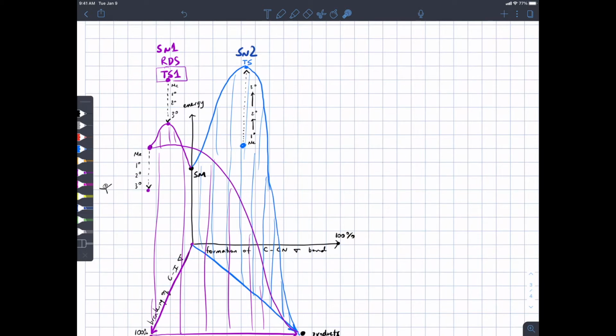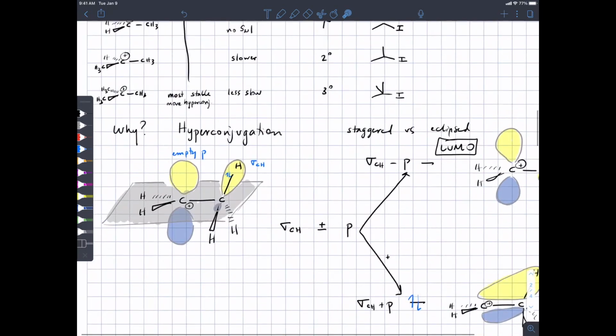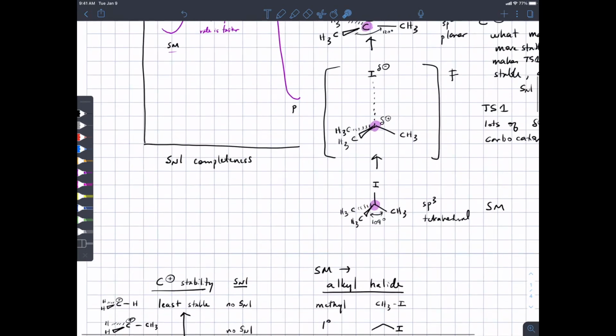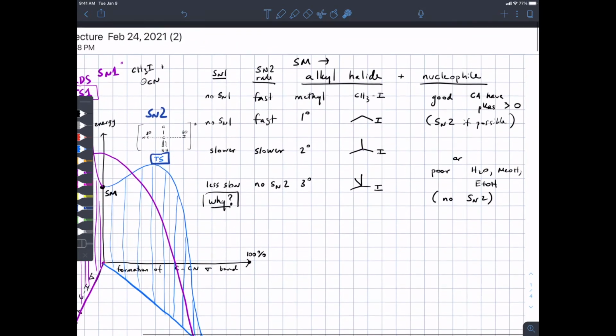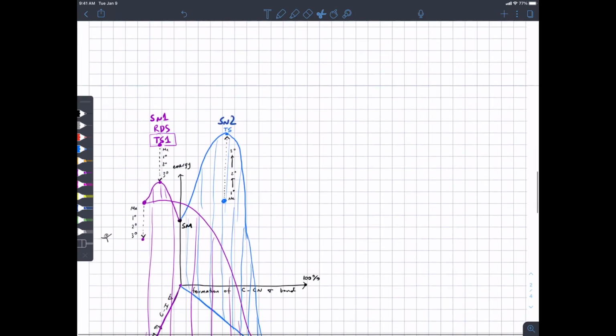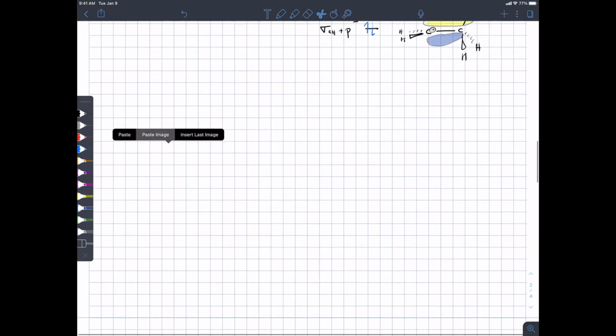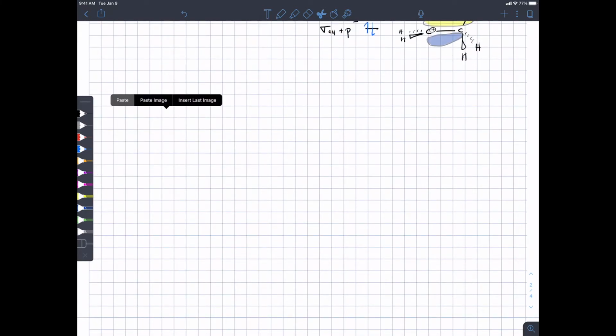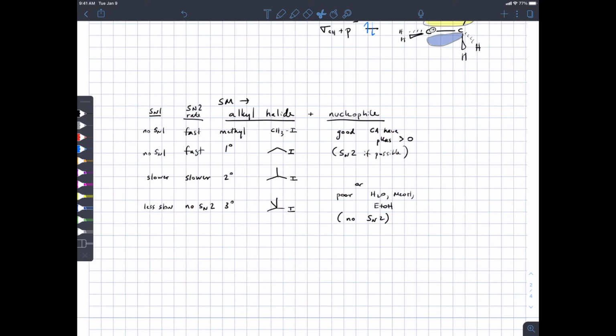Okay, so to summarize what we've done so far, this is sort of everything we know about these two reactions. We know that good nucleophiles prefer SN2.